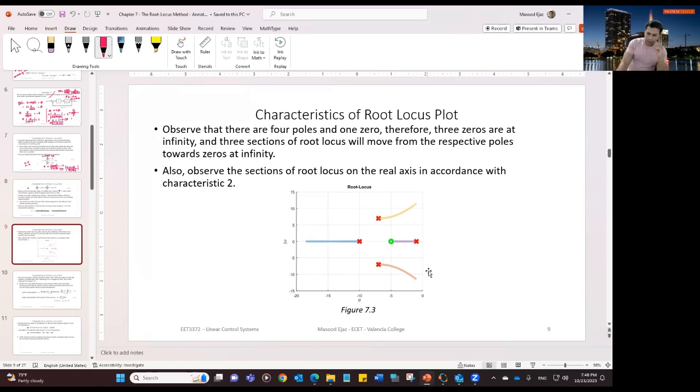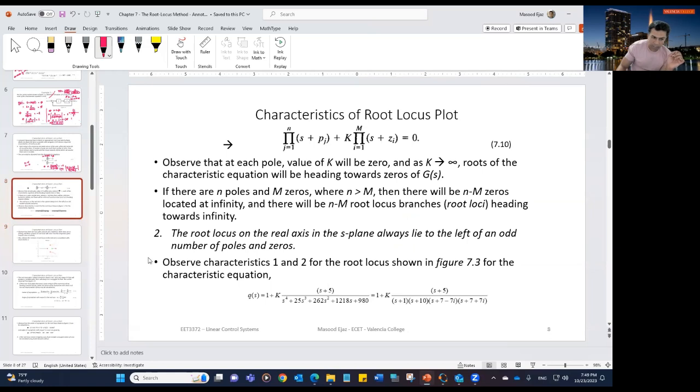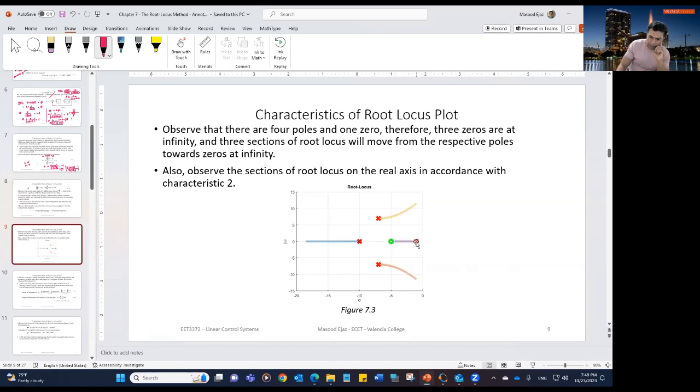But when you go from 0 toward infinity, the root that started at s is equal to -1 moves towards this zero that was at s is equal to -5. So that's one of the root loci.